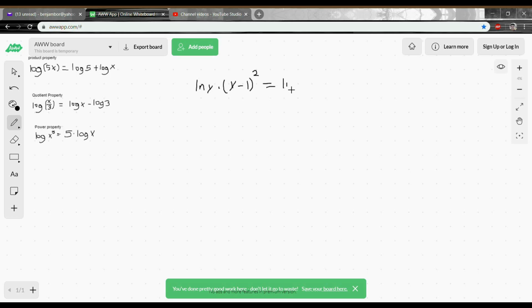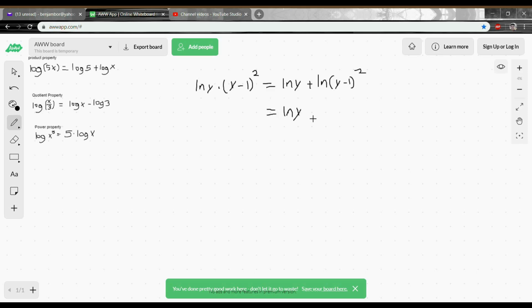So we're going to separate that by taking the natural log of y plus the natural log of the quantity y minus 1 squared. Now the entire factor of this natural log is being raised to the second power, so that means we can use the power property to expand it further.